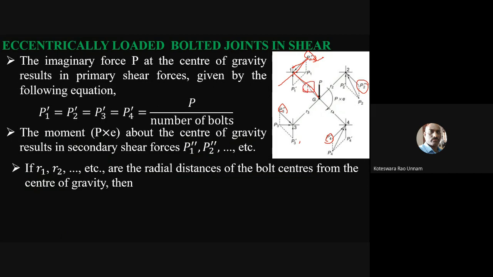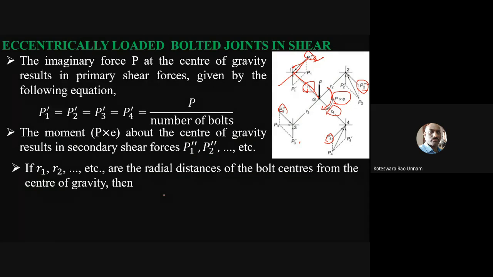So the moment due to P1 double dash is P1 double dash into R1. Due to P2 double dash it is P2 double dash into R2. For third bolt it is P3 double dash into R3. For fourth bolt it is P4 double dash into R4. But for equilibrium, the sum of moments created by the secondary shear forces should be equal to the applied moment. So applied moment is P into E or P cross E.